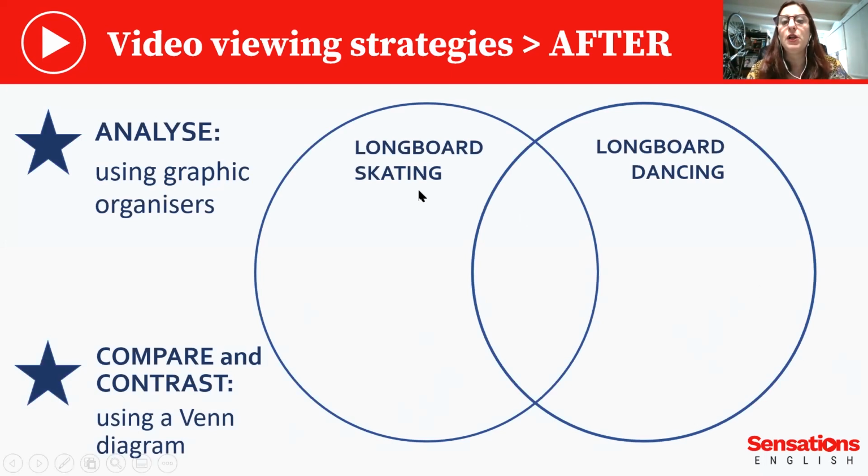So for example, you could compare longboard skating with longboard dancing. So students would have to find out about both. And whatever is similar would go in the intersection of the circles, and whatever is different will go on the sides. And this is similar to what Cecilia mentioned at the beginning, that you can compare the video with the text, okay? All right, analyzing.